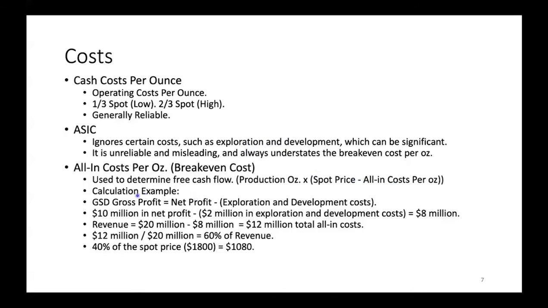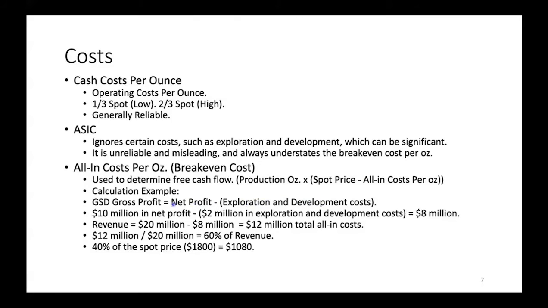So here's an example. We have the gross profit. This is how I calculate gross profit. It says GSD gross profit. So I take the net profit, whatever this is, a producer, and I remove their exploration and development cost. There might be financial cost in there as well, but this is basically a ballpark of how much money they're going to spend on CapEx and development.